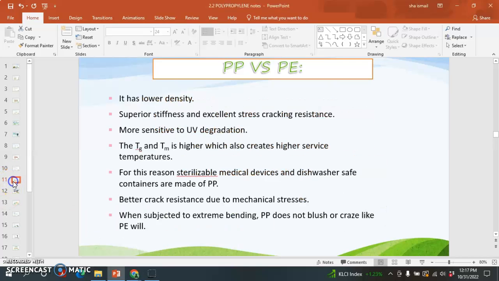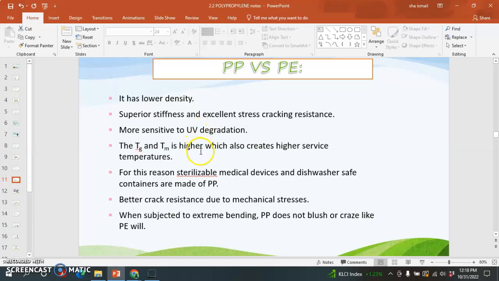Okay, now we look at the other slide. PP versus PE. Okay, PP has lower density, and it has the lowest density among the other polymers. It also has superior stiffness and excellent stress cracking resistance, but is more sensitive to UV degradation. This is the disadvantage of PP.